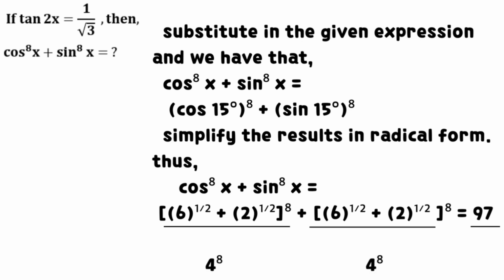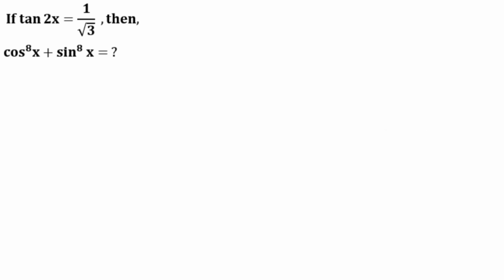Simplify the results in radical form and we obtained 97 divided by 128 after substitution of values and simplification. Therefore, the sum of the power of 8 of cosine x and the power of 8 of sine x equals 97 divided by 128.